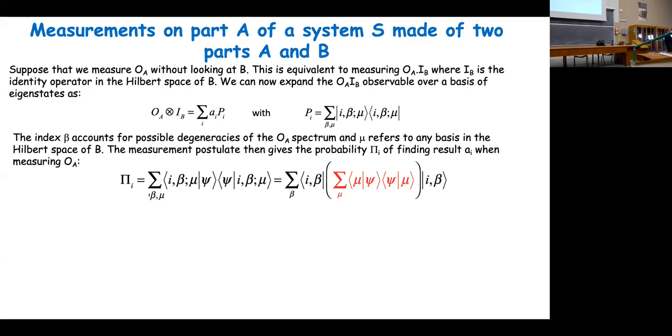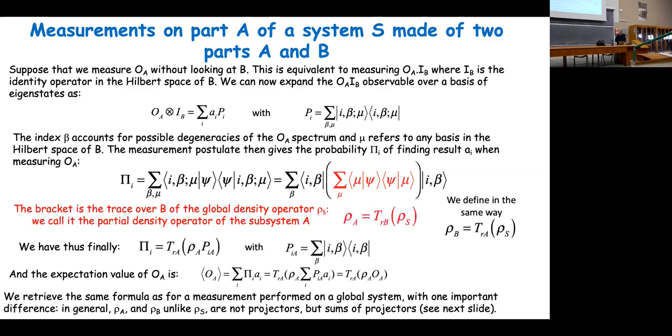What is this quantity? |psi><psi| is the density operator of the global system. And I trace it over the space of B. So it's a partial trace of the density operator over B. So the bracket is a trace over B of the global density operator.